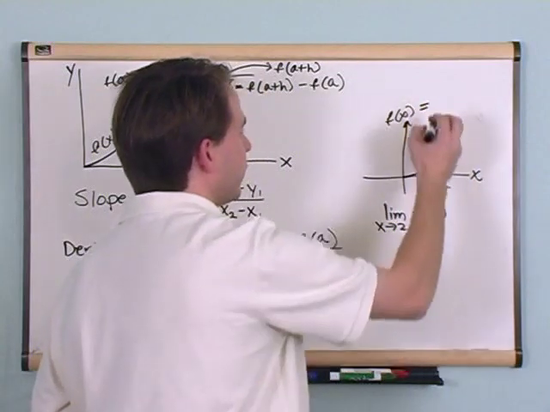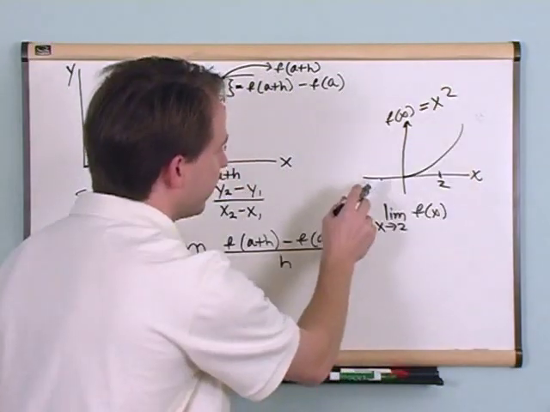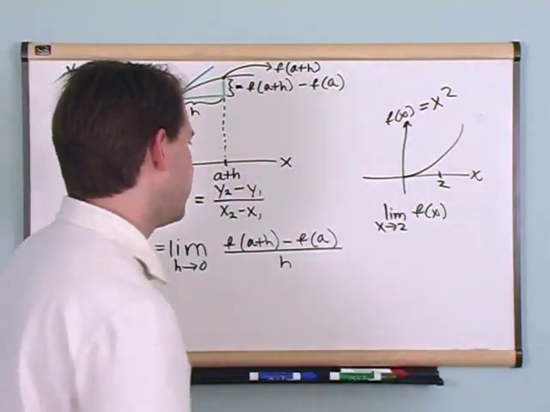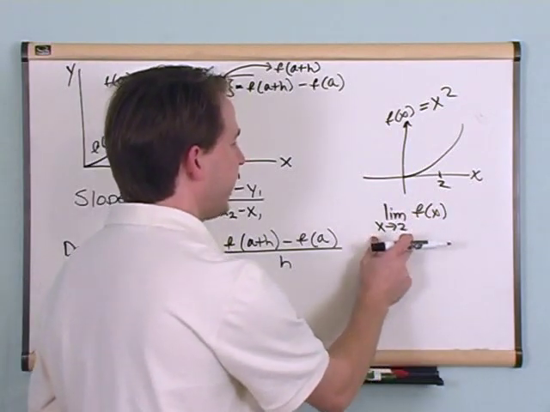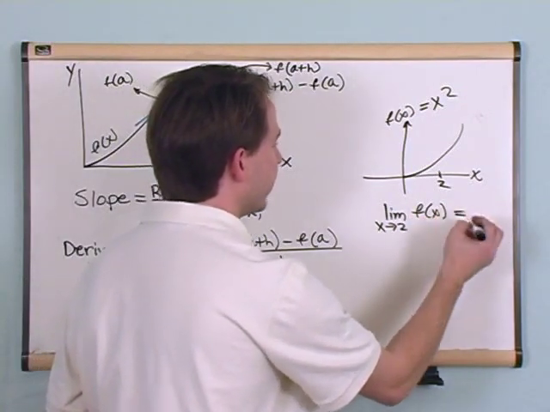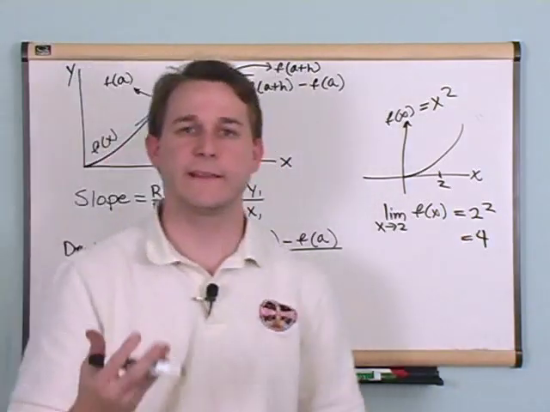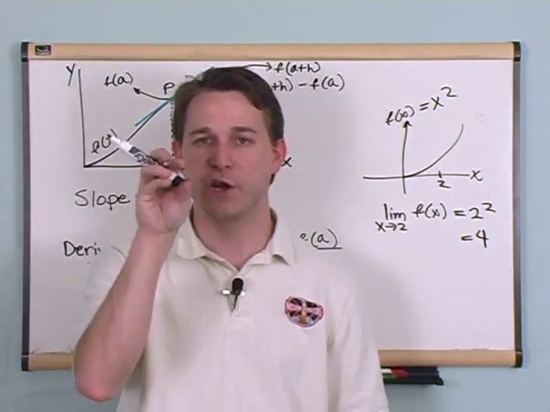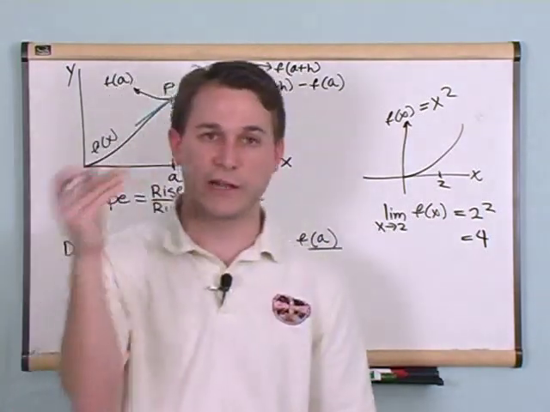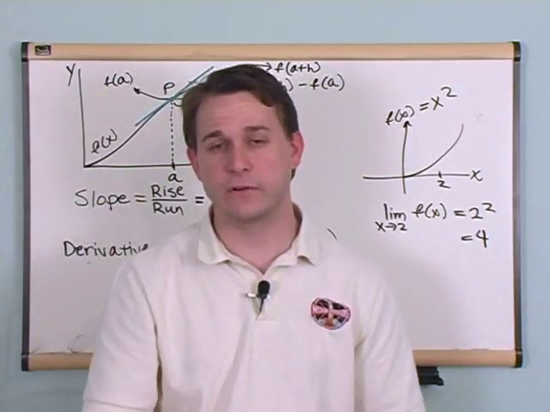If f of x is x squared, I'm going to make it a real curve here. So f of x is x squared. The limit of f of x as x approaches 2 is 2 squared, which is 4. Okay? Really, when you take the limit, all you really do is you take the number that you're approaching, you plug it into the function, and that is what your limit is equal to.